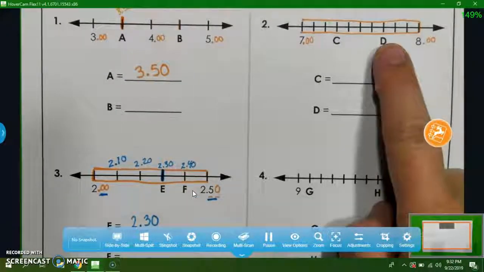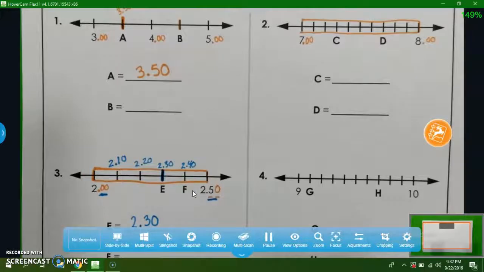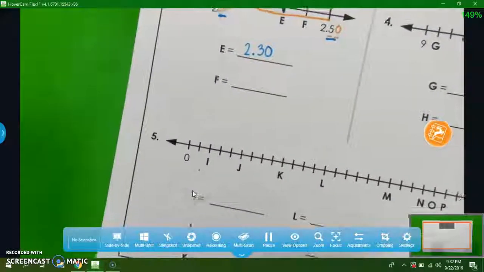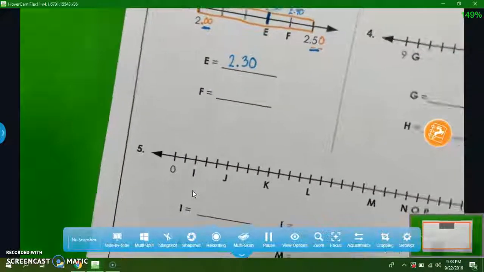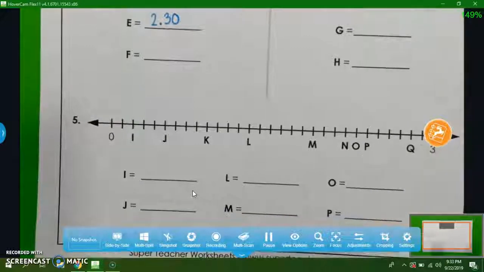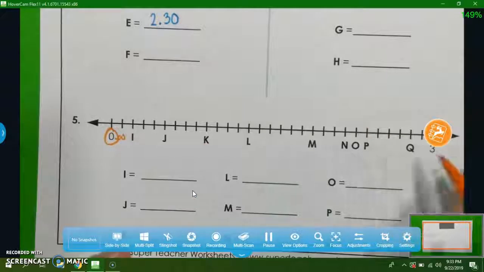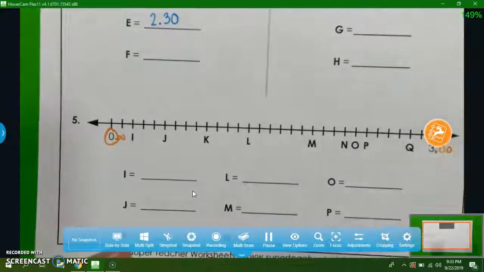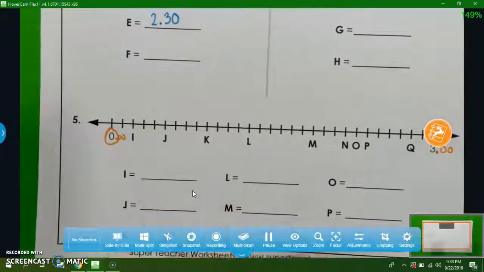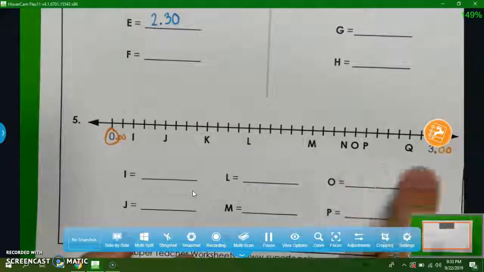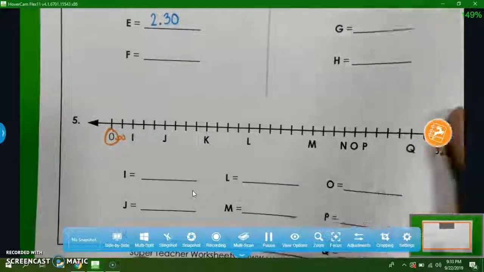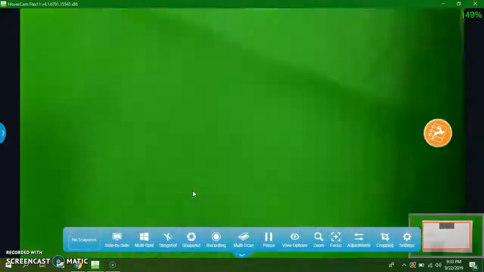This one looks very similar to this one, except we're working with different wholes. And then down here is a little bit more of a challenging one, but you've got 0 wholes and 0 cent, $3 and 0 cent, and you've got to figure out what you're missing along in here. Very similar to what we've been doing so far.